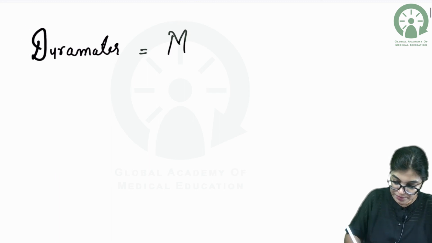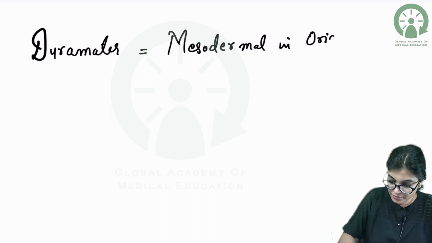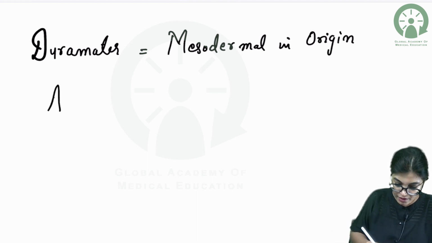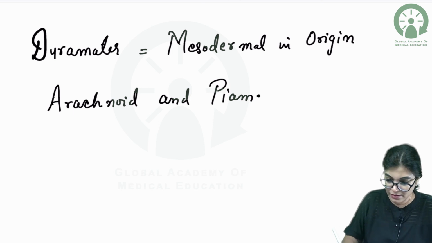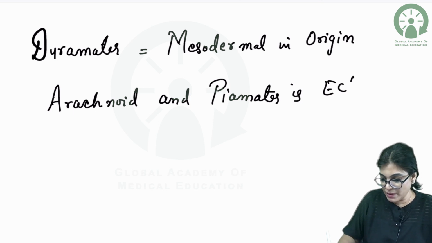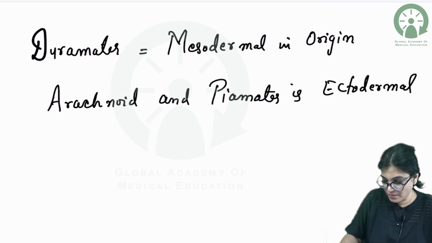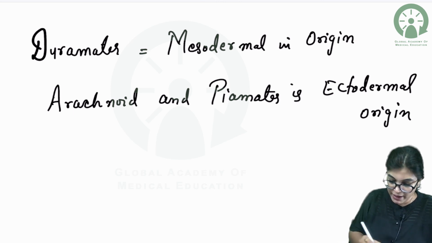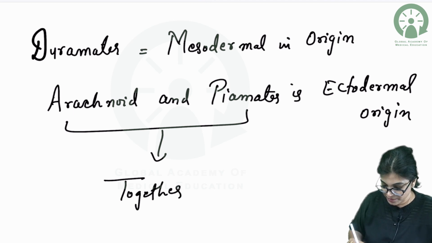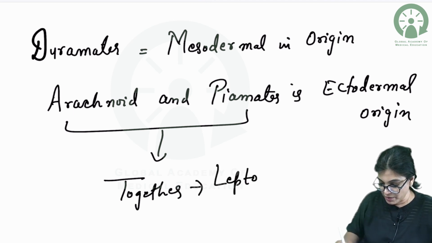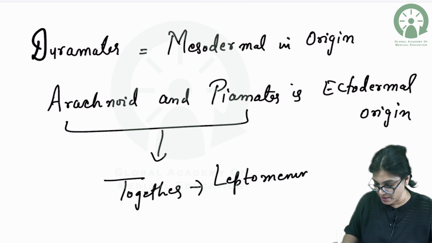The arachnoid and pia mater are ectodermal in origin. The arachnoid and pia together are called leptomeninges. These MCQs have come in previous years.